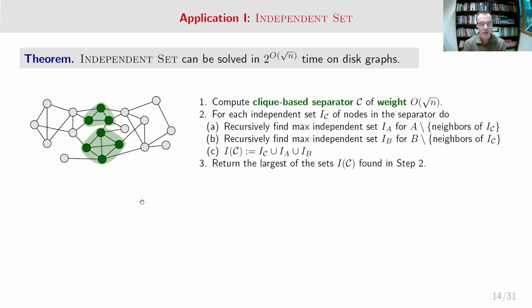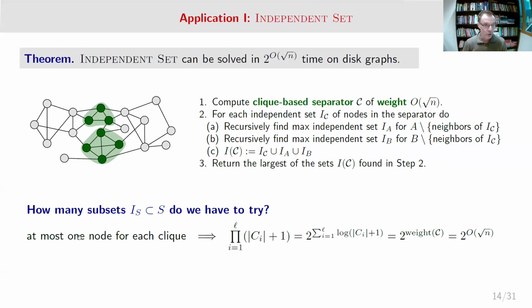Now, of course, the number of nodes in my separator can be very, very large, but from each clique you can pick only one node, right? Because you are picking an independent set. So what is the total number of independent sets I have to try inside my separator?